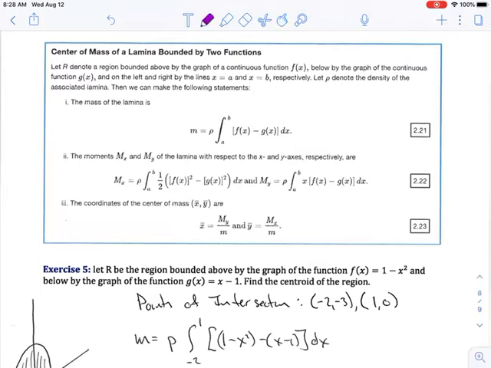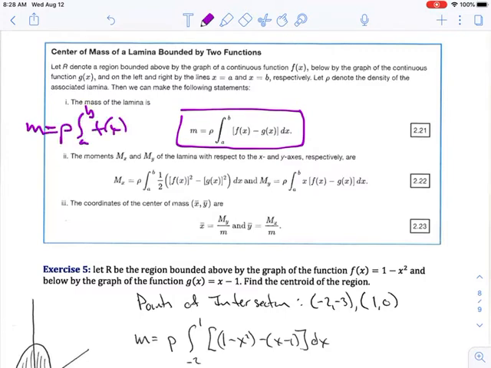So let's start with the total mass formula. You will remember that the total mass formula was rho, or the density, times the integral of f of x dx. So we had mass equal to rho times the integral from a to b of f of x dx.